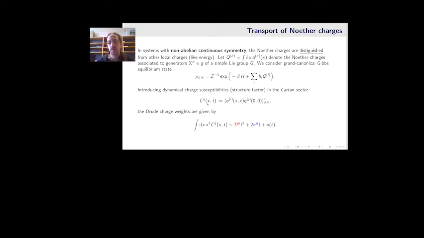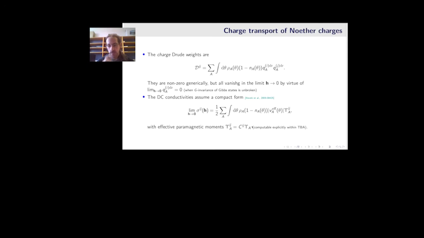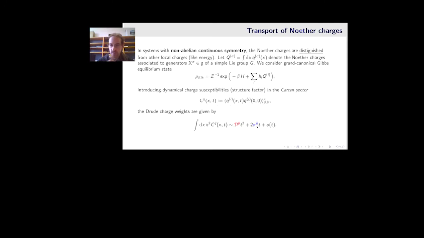Then we define this object, which is the dynamical structure factor, but restricted now to the Cartan sector, and I denote it by C_ij. Then we can ask, how does the second moment of this quantity scale at large times? The proportionality coefficient in front of t squared is the charged Drude weights, and the coefficients in front of the linear term are the DC conductivities.